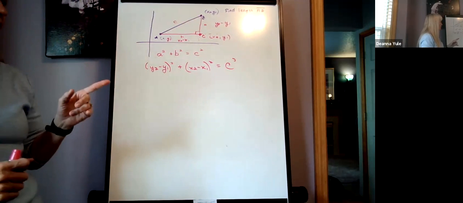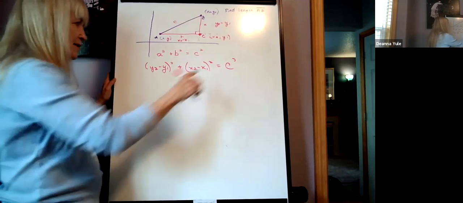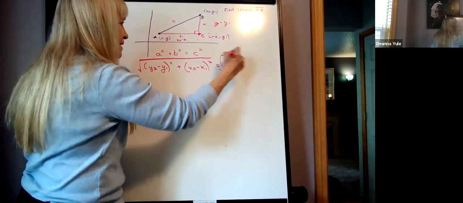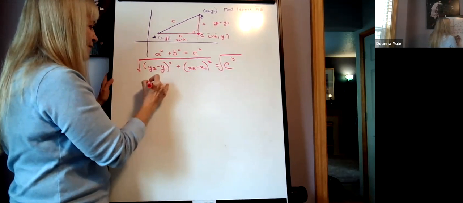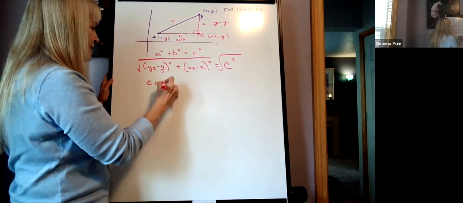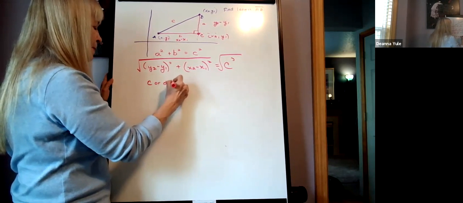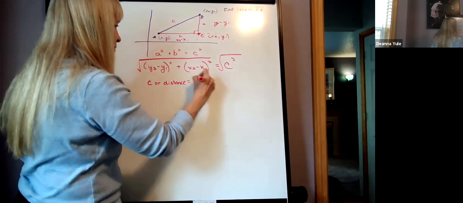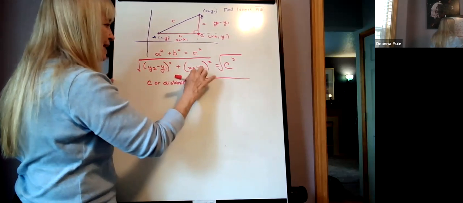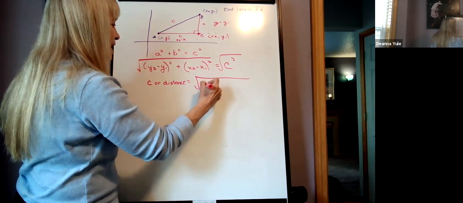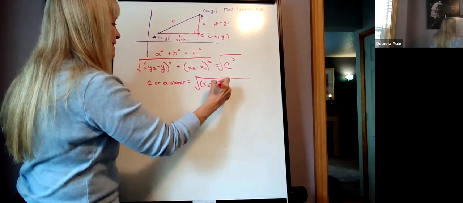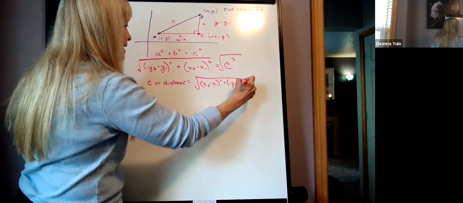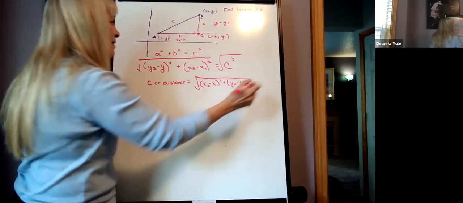In order to get rid of the square, I am going to square root both sides. So what I have is c, or the distance, is equal to the square root of, and I'm going to put the x's first because that's usually how we write it, x2 minus x1 squared plus y2 minus y1 squared.